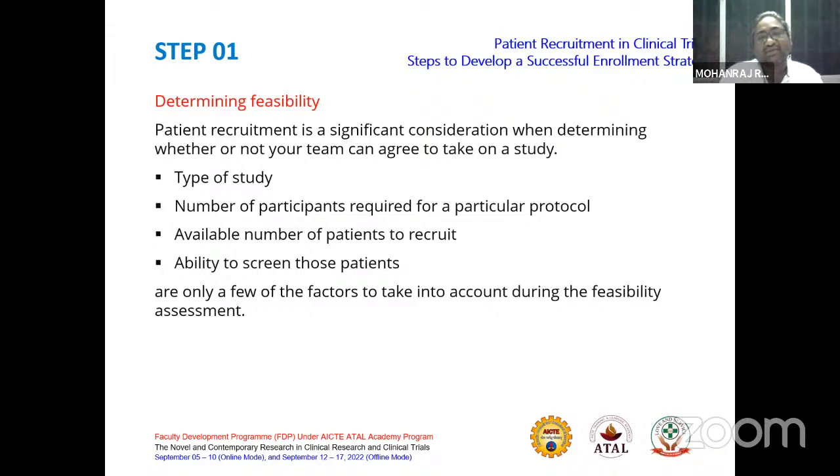The very third thing is we have to get into the pre-feasibility analysis. We depend on those studies which have been performed earlier in the same demographic, geographical, or pharmacotherapeutic area. The third one is the available number of patients to recruit, or those with eligibility to get recruited.